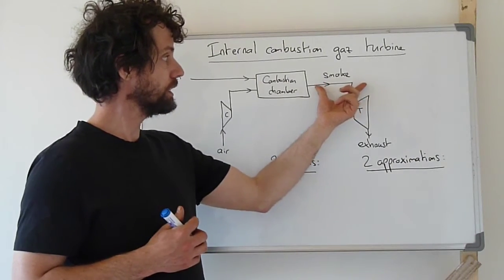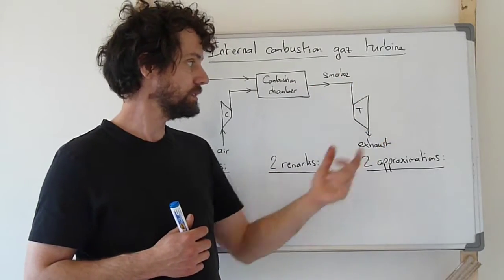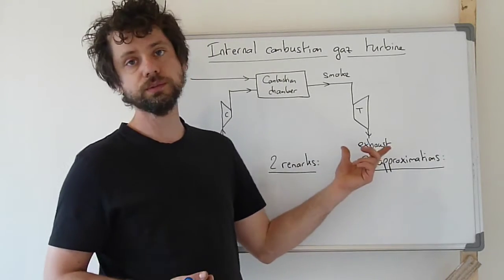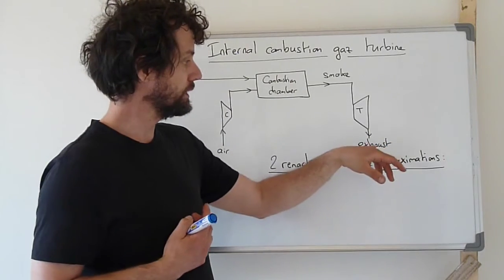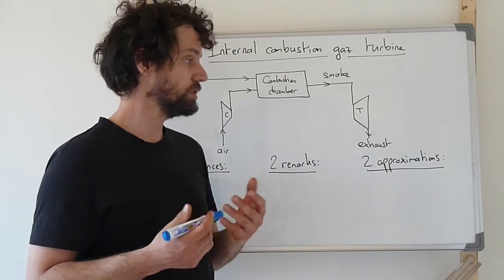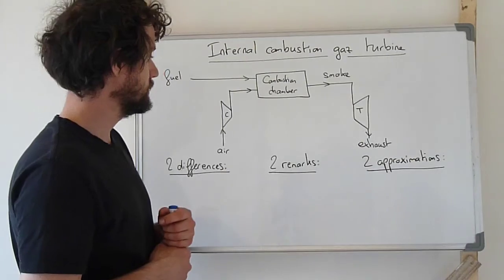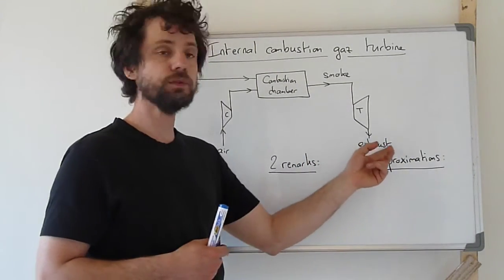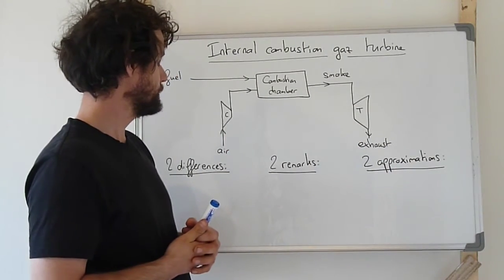So then we get the smoke at high pressure, high temperature, and this smoke is sent to the turbine, will be expanded in the turbine down to inlet pressure, so atmospheric pressure, and then the low pressure smoke is just sent to the exhaust, released to the atmosphere, and so that's an open cycle. We don't reuse the fluid that passed once through the cycle.